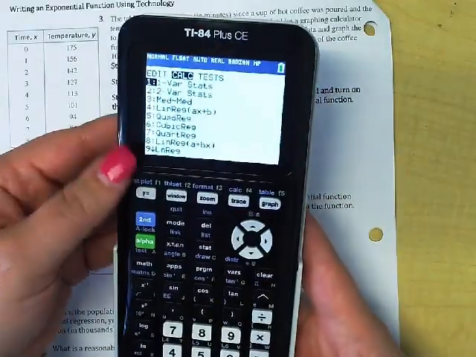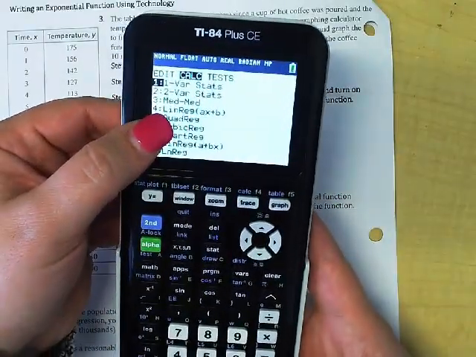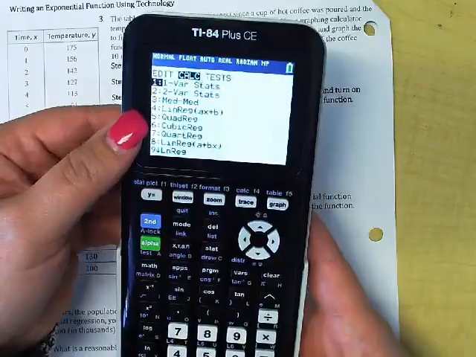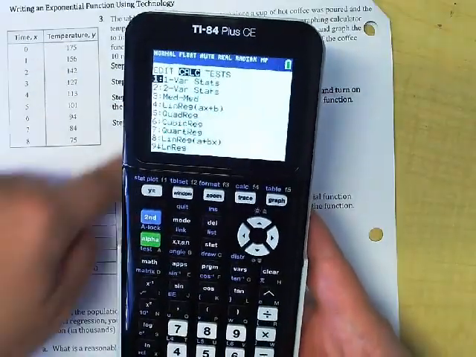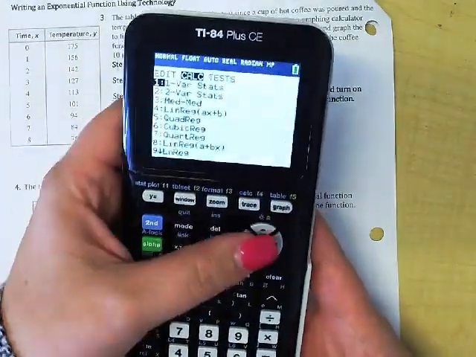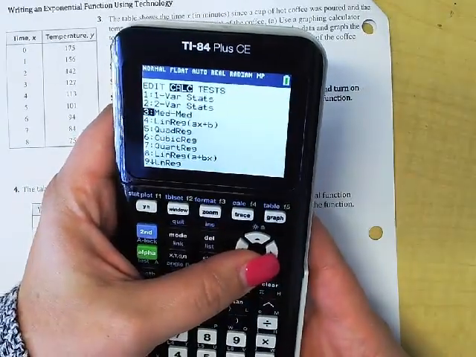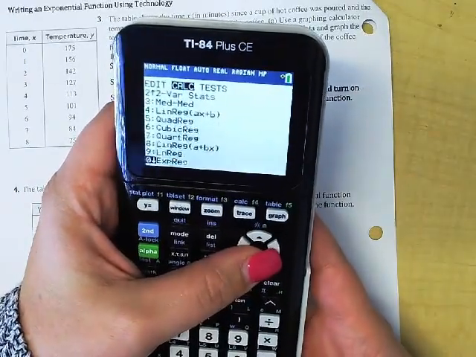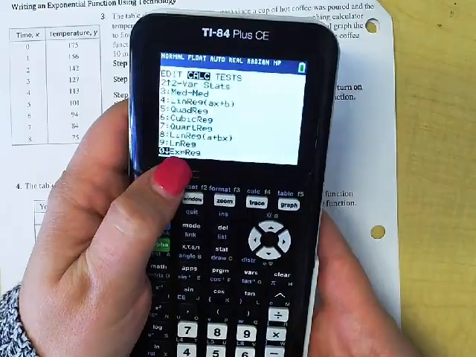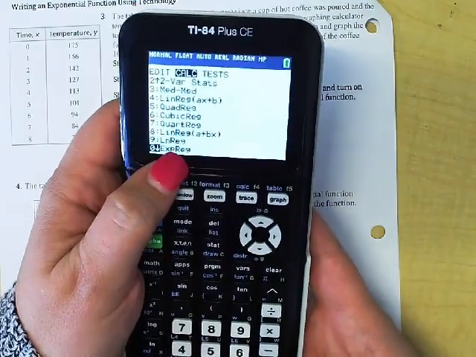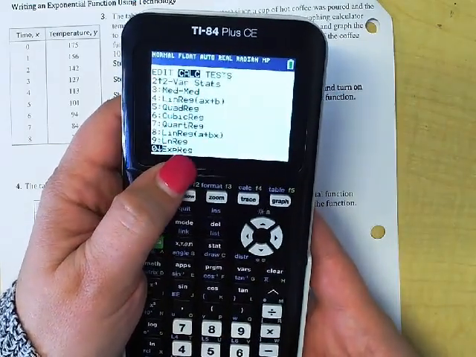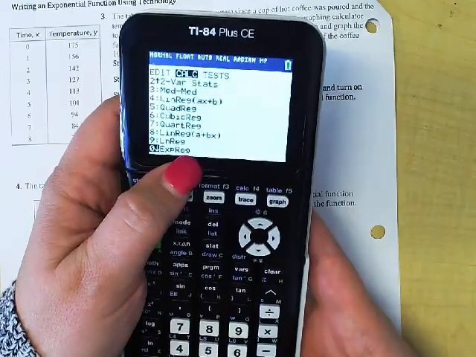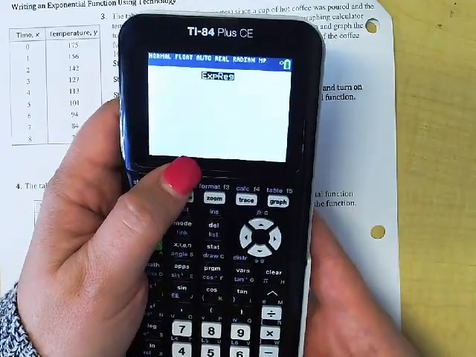And so we were thinking, a linear model is going to really fit this best. But now we want to do an exponential. They're hinting to us, but we're going to compare a little bit later. We want to go down a little bit further to right here. It's choice 0 on this version of the calculator, but you're looking for this EXP regression for exponential regression. And then we're going to select that.